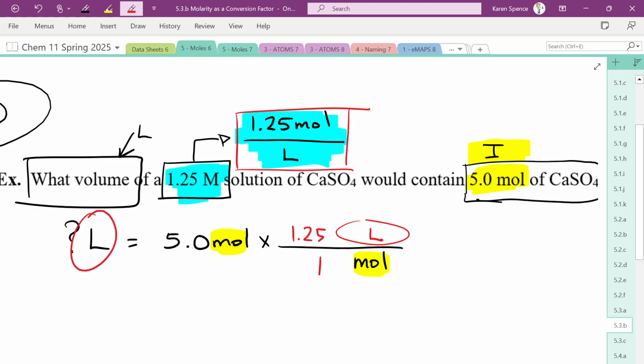It happens all the time. Write this down first so that you can look at it and go, oh, what number goes with the mole? That would be 1.25. What number goes with the liter? There's no number, so that would just be a 1. Okay, so 5 divided by 1.25 is 4.